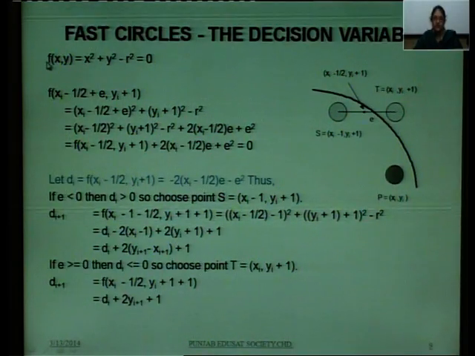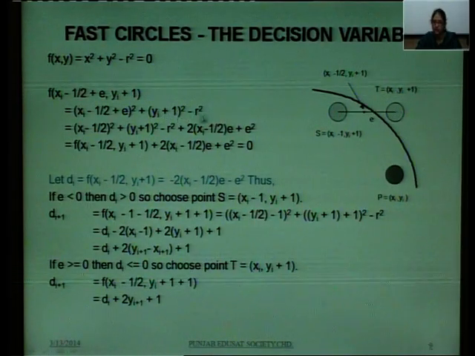Here you can see f of x and y, as we know, is equal to x square plus y square minus r square, which is equal to 0. To find the value of f at xi minus half plus e and yi plus 1, it is equal to xi minus half plus e, square, plus yi plus 1, square, minus r square.